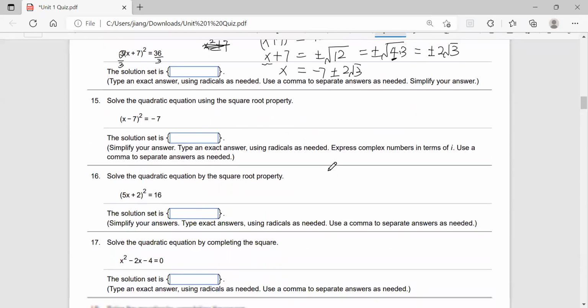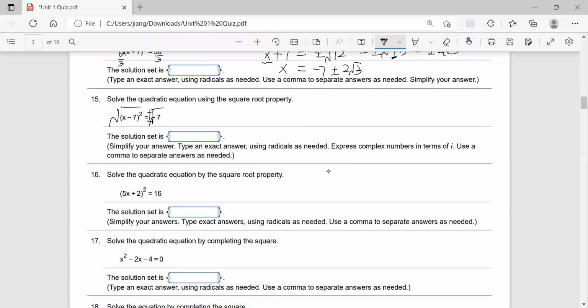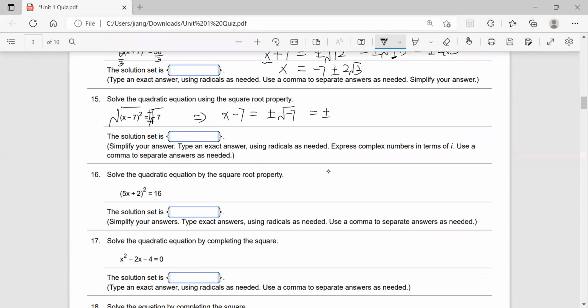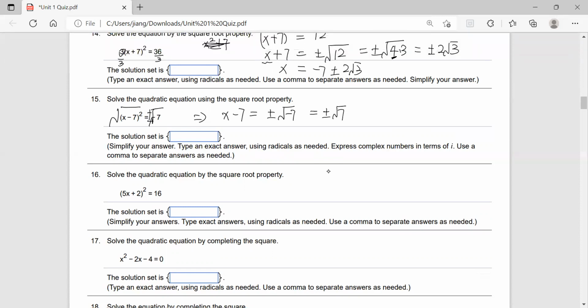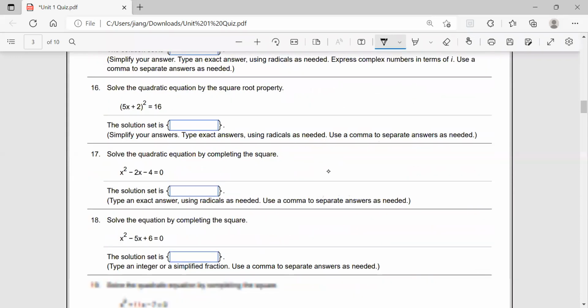Okay, let's see the next one. The same method. Take the square root of both sides. When I'm taking the square root, I have positive negative square root of negative 7. And then x minus 7 equals positive negative square root of negative 7. I know the square root of negative 7 is square root of 7 times square root of negative 1.